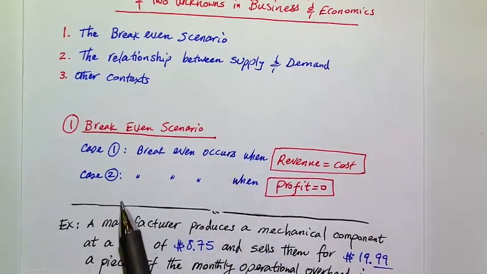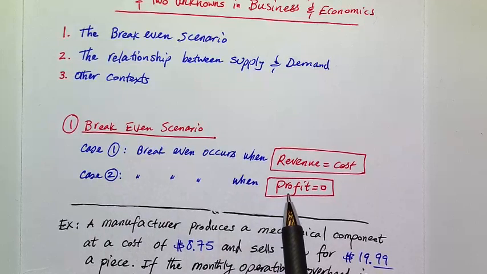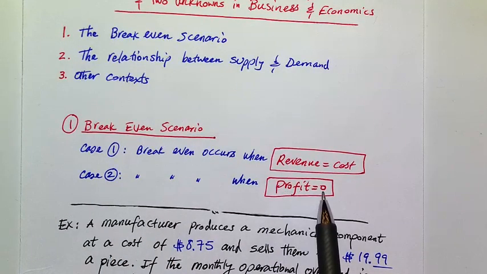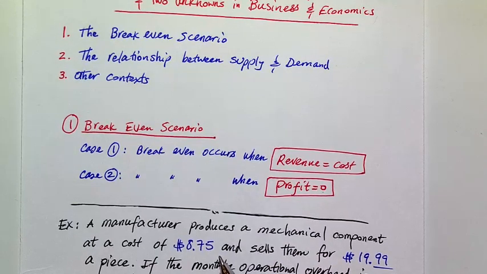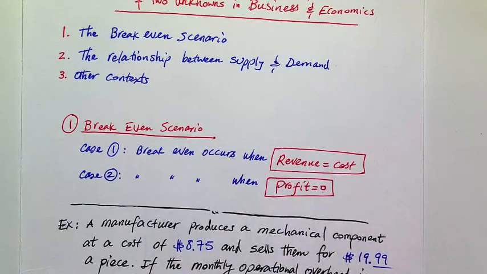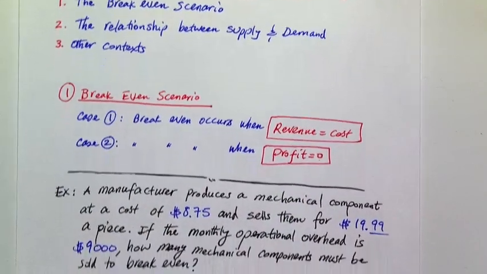In another situation, we might be given the profit function. If we have the profit function given to us, then to solve for the break-even scenario, we set the profit function equal to 0 and then solve for the variable in the equation. So depending on which scenario we have, we can apply these two different approaches.